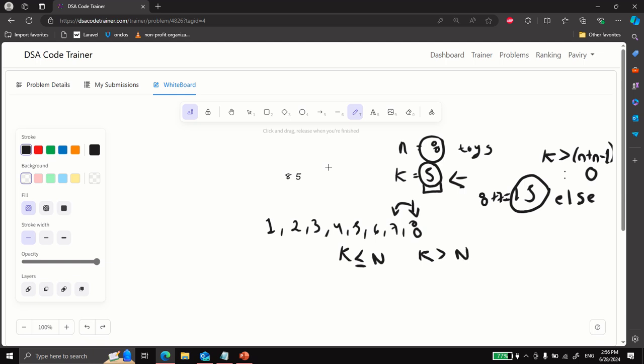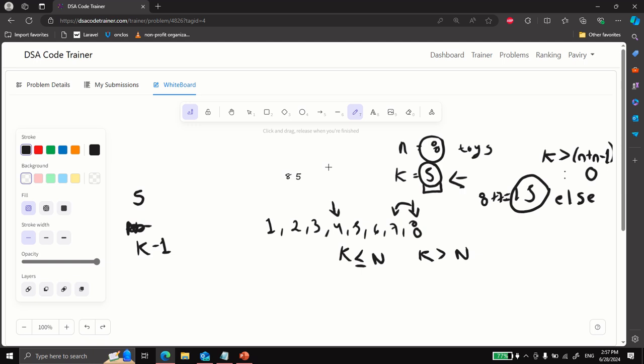So for example here, let's suppose that they are giving us this k that is 5. We know that the most pair that we can have is going to be k minus 1. This is our start. For example here, if we want to form 5, we know that this is the maximum toy that we can buy, because we can unify with 4 and 1.